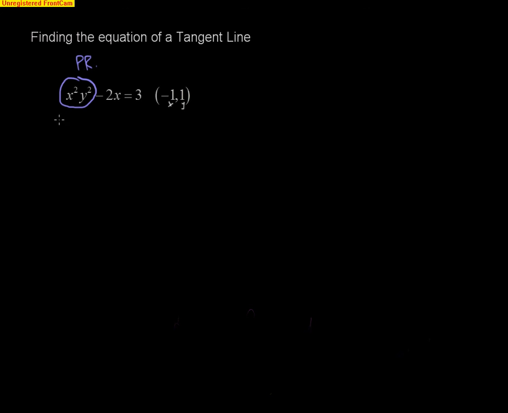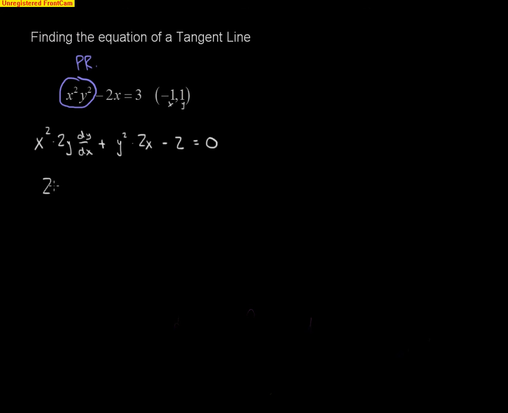Alright, so let's try this again. So it's first times the derivative of the second, which is 2y dy/dx, plus the second, y squared, times the derivative of the first, which is 2x. So there's first times derivative of the second, plus second times derivative of the first. So there's your product rule. Derivative of negative 2x is going to be minus 2. Derivative of 3, 0. Alright, so clean this up here.